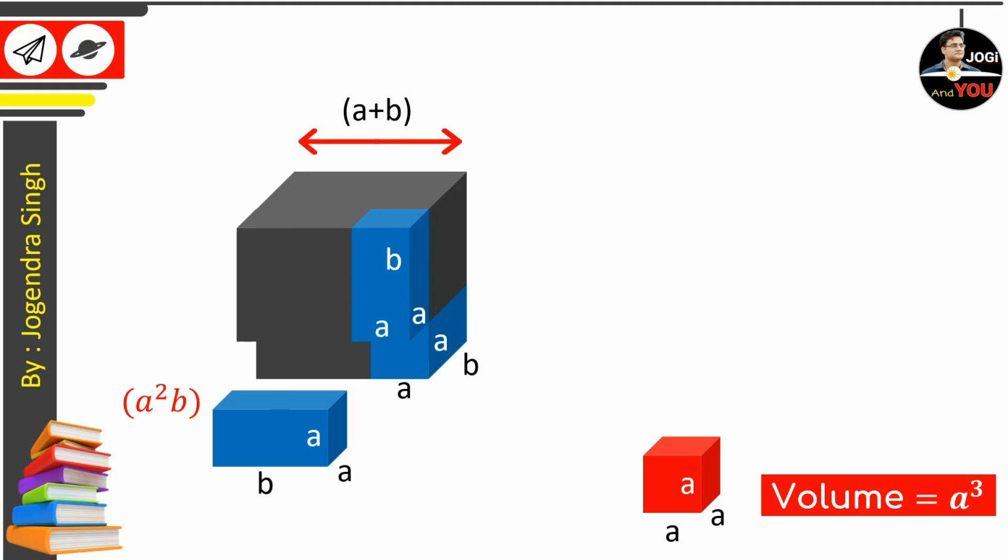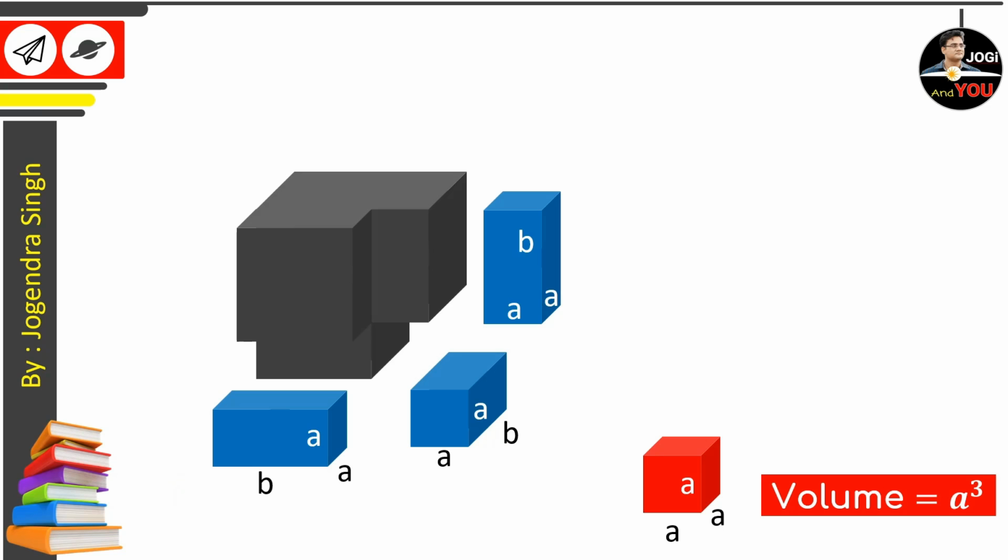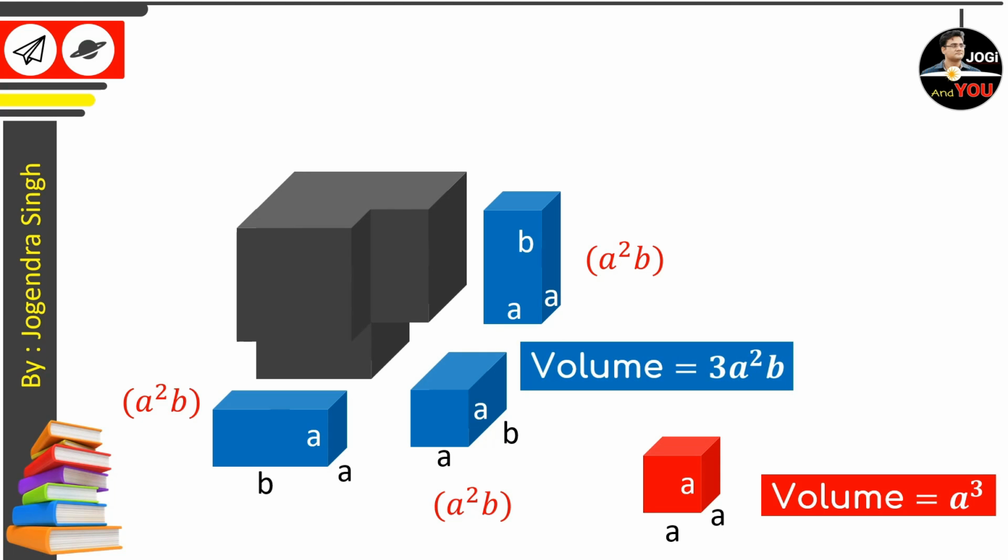If we pull out the other blue pieces for visual clarity, you will get something like this. This space has the volume of A squared B. This one has A squared B, and at the last this one also has A squared B. So we totally have 3 A squared B's here. So we have got our volume here as 3 times A squared B.